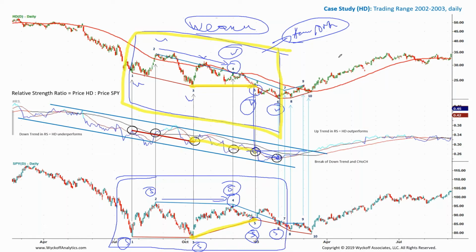Obviously from 6 to 7, Home Depot is starting to show strength finally, so now you're starting to see a shift there. But at point number 6, are we in accumulation or are we in distribution? At this point, the stock is being sold off slowly, so it's a distribution phase.